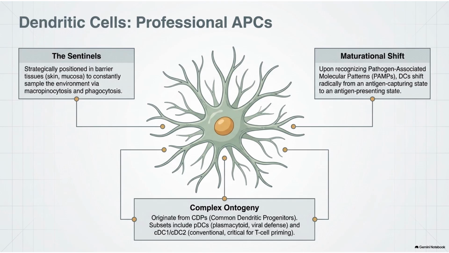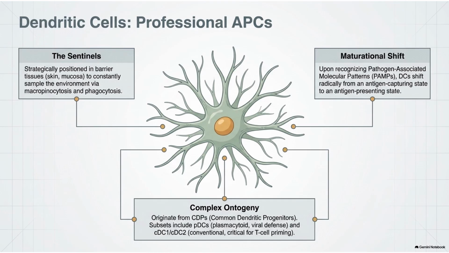So dendritic cell biology is more complex than a single cell type, and the slide introduces several important populations, including conventional dendritic cells, cDC1 and cDC2, and plasmacytoid dendritic cells, or pDCs.